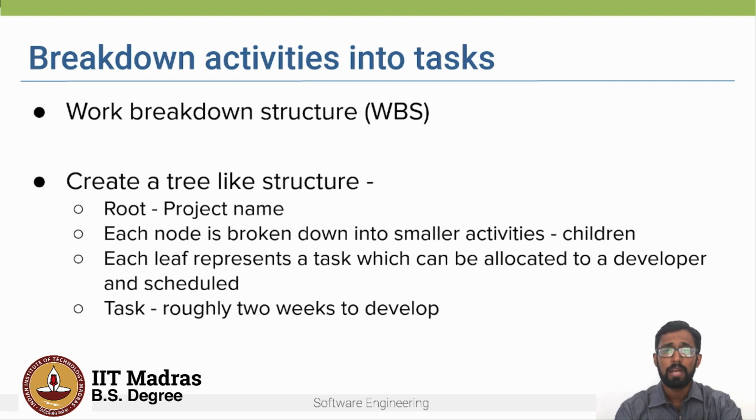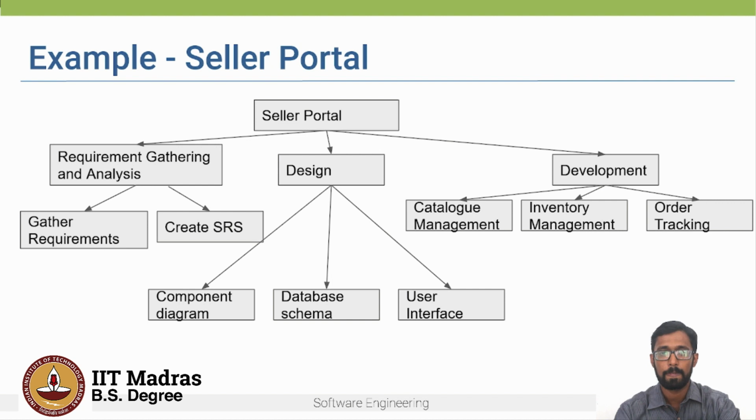Let's look at a work breakdown structure for the Amazon seller portal. This is the name of the project, which is the root. And then you have different nodes for, let's say, requirement gathering, design, and development. Each leaf, as we saw earlier, represents a task which can be allocated to a developer.